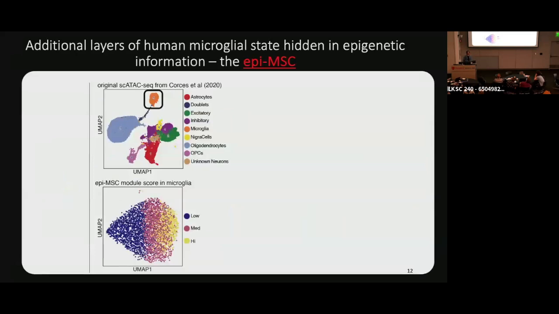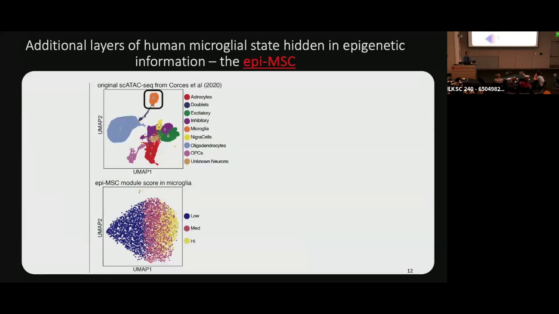So now that we've established that we can look at microglia and phenotype them in a continuous manner at the proteomic scale, we wanted to check our work using a different modality, in this case single-cell ATAC-seq data that we had obtained from REM courses. And so we pulled out just the microglia and then clustered them into 3 different bins, again low, medium, and high.